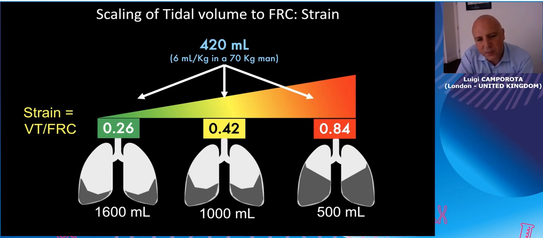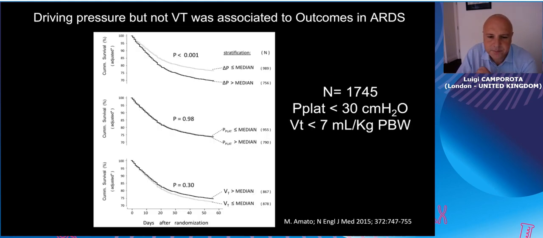Each patient with the same predicted body weight, with increasing level of disease, has a lung that becomes smaller and smaller as the consolidation increases. Then the same amount of tidal volume will cause an increasing level of strain within the lung, and therefore the ergotrauma of that patient.